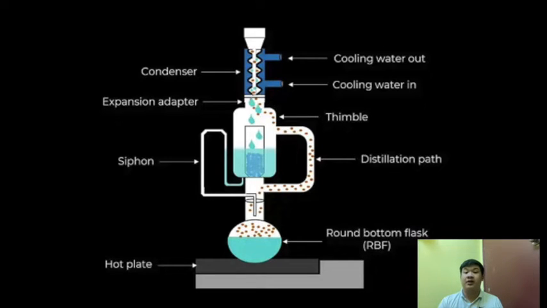Besides, the middle part, called the thimble, is also connected to the condenser. Another arm that connects the thimble and the round bottom flask is called the siphon tube. To conclude the principle of the Soxhlet extractor, that is how the assembly of the extraction looks like. We also modify its basic assembly if needed to maximize its efficiency.